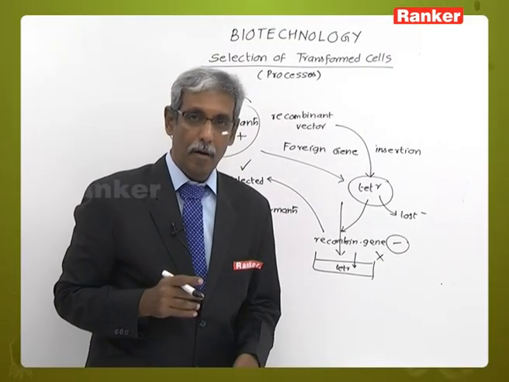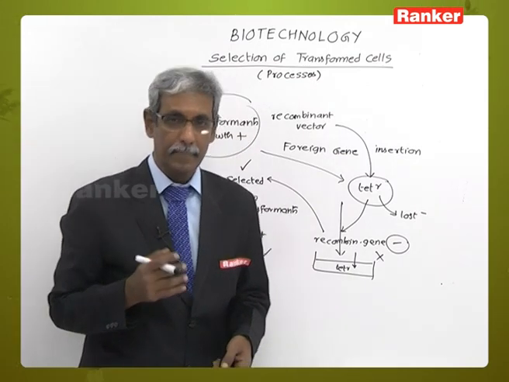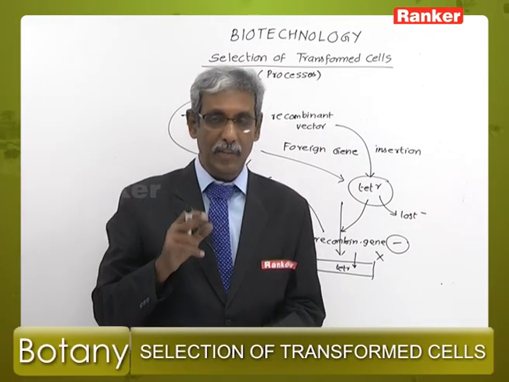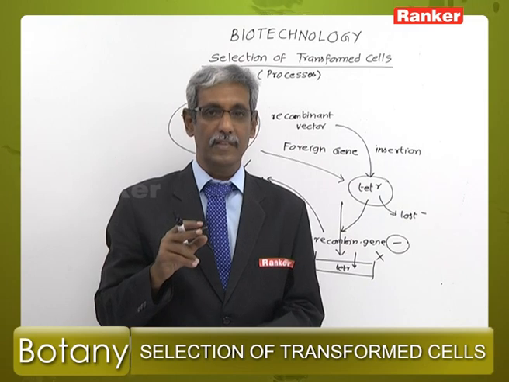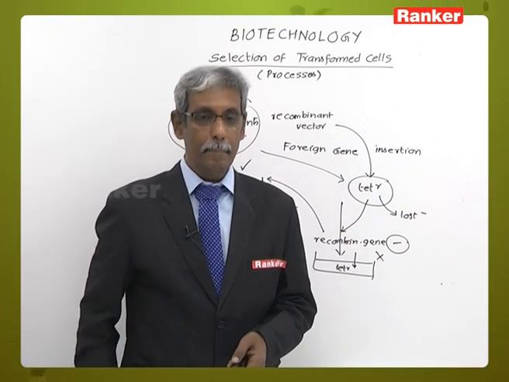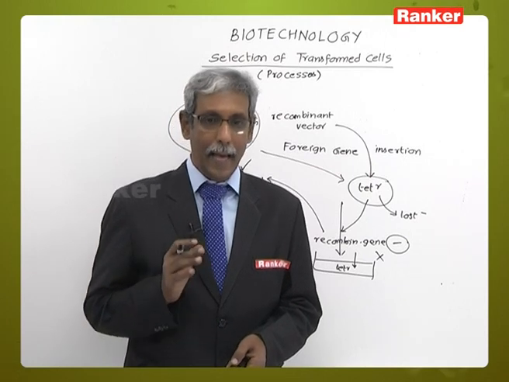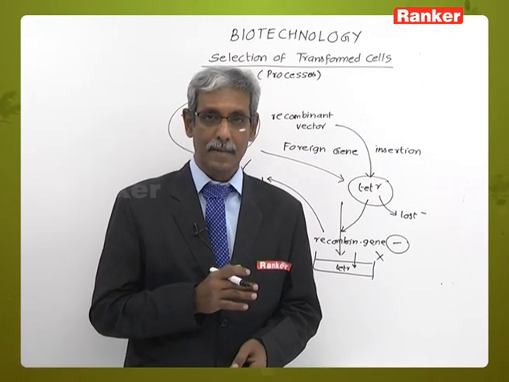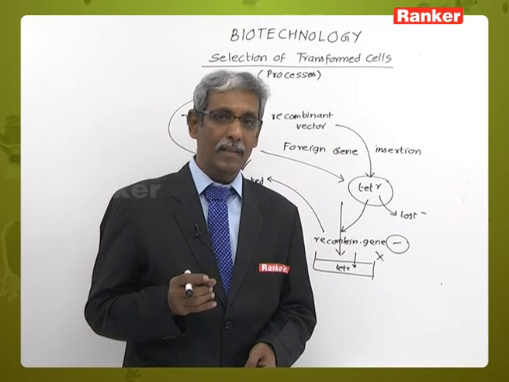Therefore, we can conclude that one antibiotic gene, as I was trying to tell you in the beginning of the lectures, the ampicillin resistance gene, AmpR, helps in the selection of the transformants, because AmpR is a selective marker.